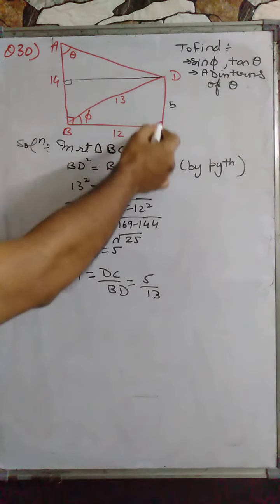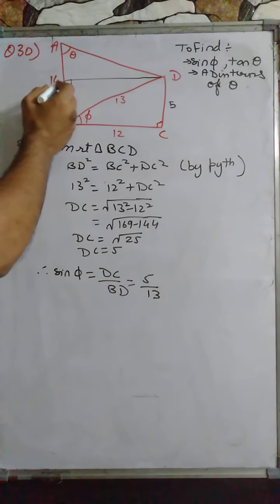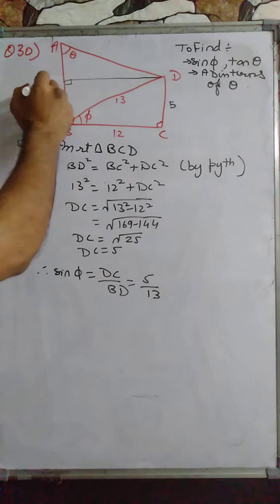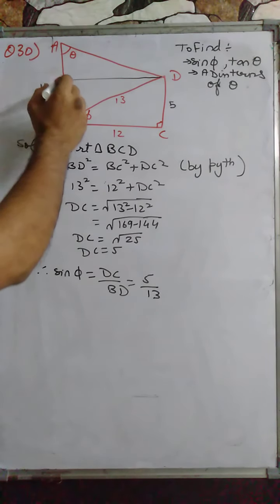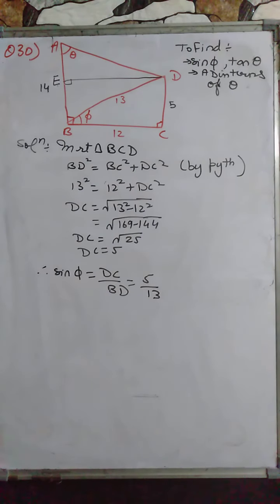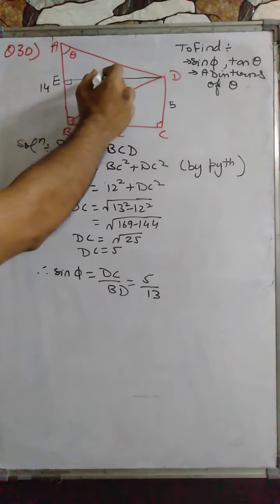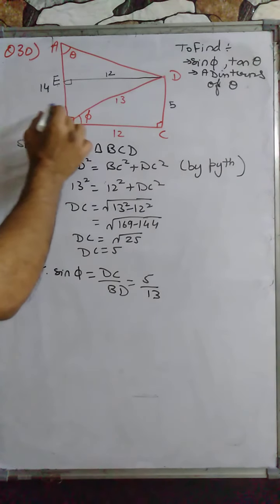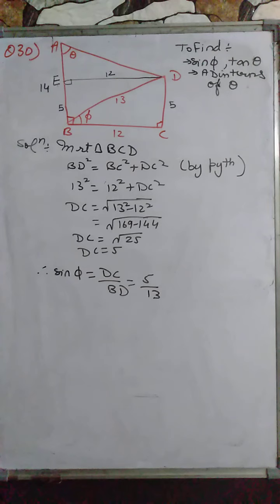Suppose 14 is the entire length, and we name this point E. So this DE is parallel to BC and DE is also equal to BC. Therefore DE has the value 12, and DC and EB will be the same, therefore EB will be 5.